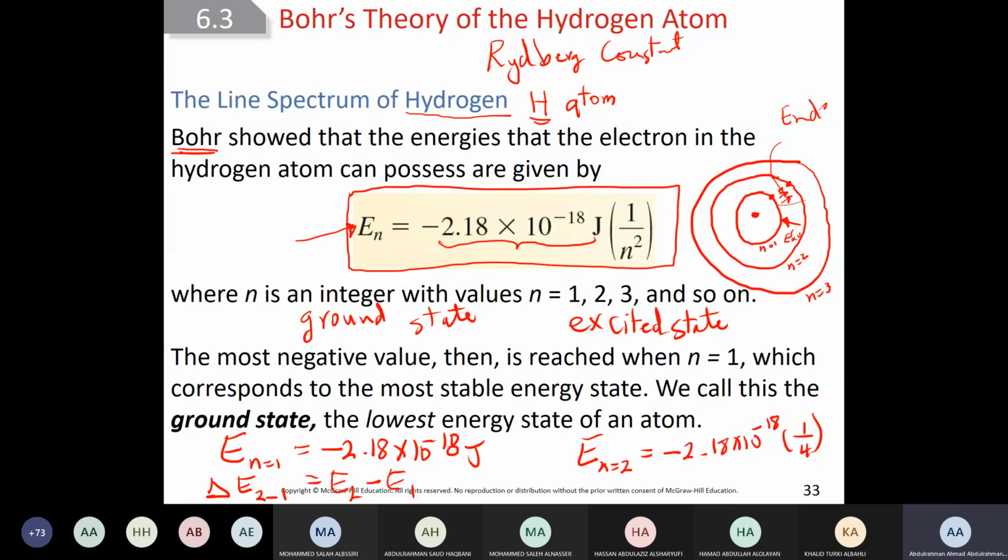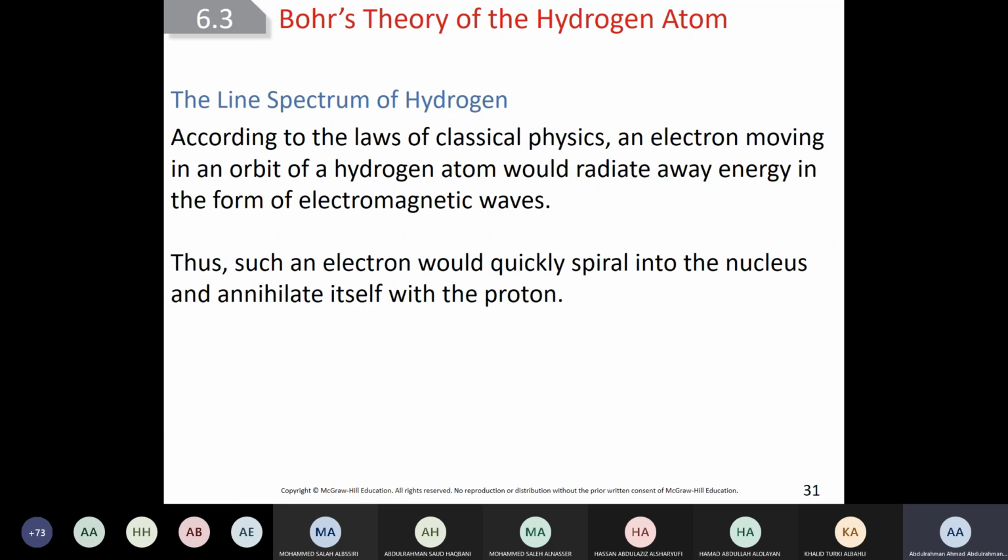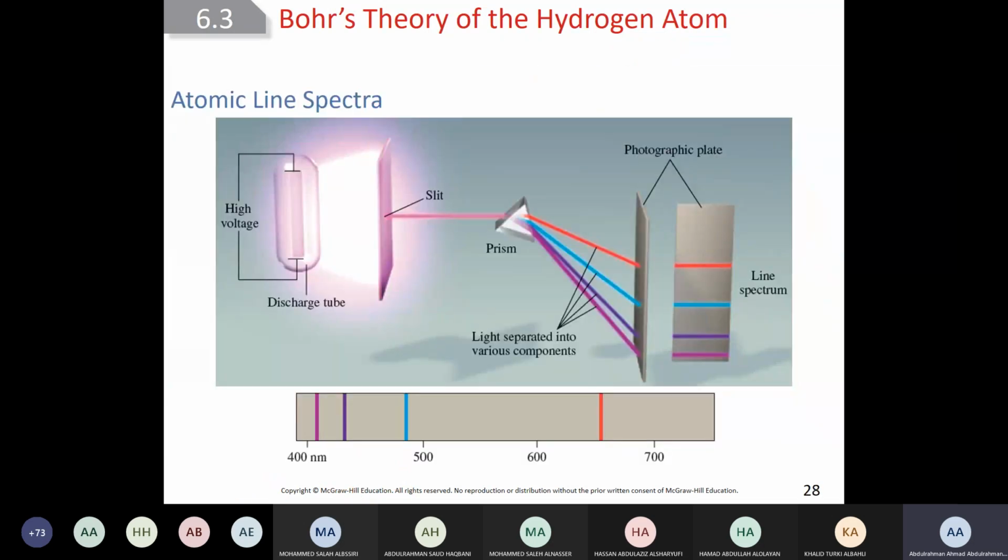Now instead of these circles, we're going to make them lines. So we'll put the nucleus here, and instead of the circle, I'll put lines of energy. These lines are exactly the lines that we saw here. This one is n equal to 1, n equal to 2, n equal to 3, n equal to 4.